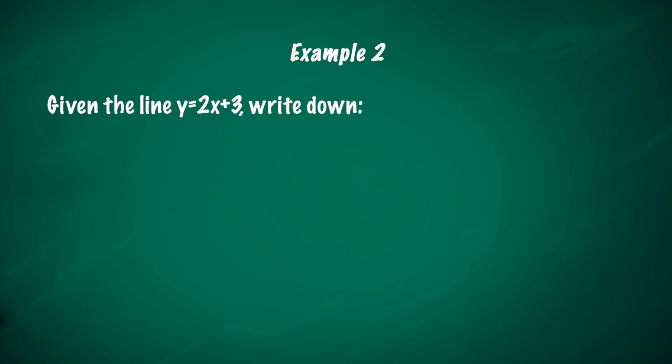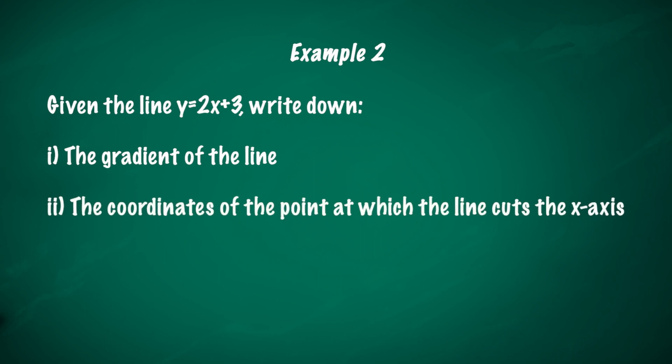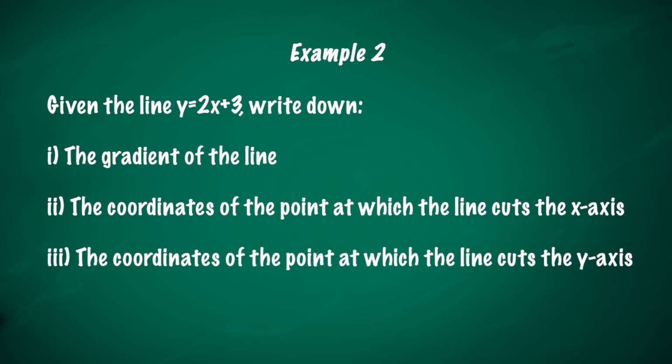Next example, given the line y equals 2x plus 3, write down 1, the gradient of the line, 2, the coordinates of the point at which the line cuts the x-axis, and 3, the coordinates of the point at which the line cuts the y-axis.